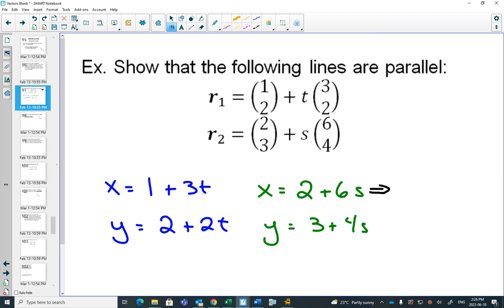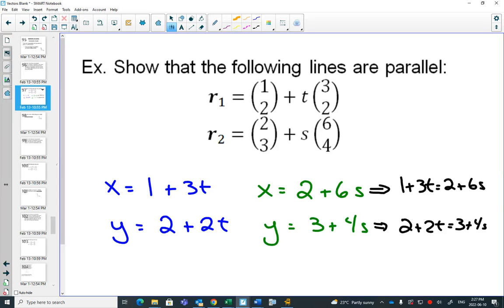This makes 2 systems of equations. We know that the x coordinates 1 plus 3t would equal 2 plus 6s. And our y coordinates, if we equate them, 2 plus 2t equals 3 plus 4s. That creates a system of equations.